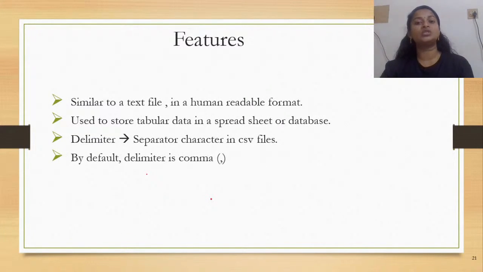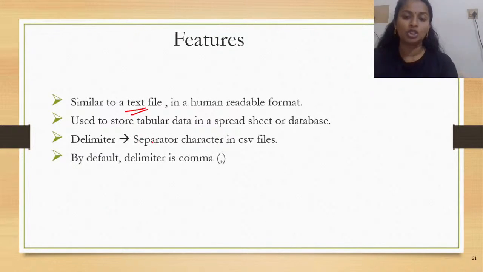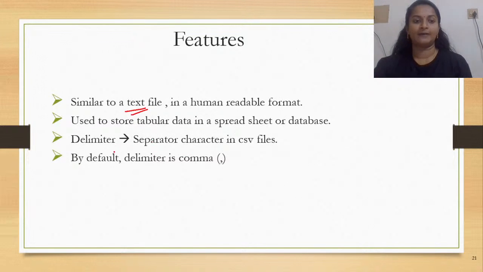Now let us look into the various features of the CSV file. The first thing that we need to understand is it is very similar to text files because it appears in a human readable format. Now it is used to store tabular data in a spreadsheet or database. All these features we are going to list out come from what we learned from the definition.